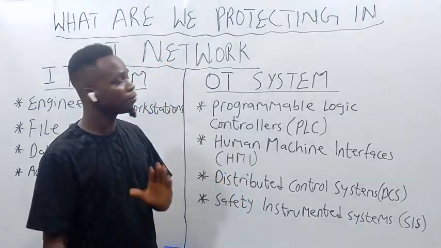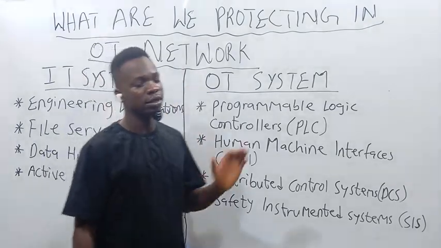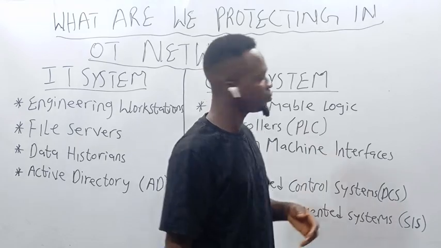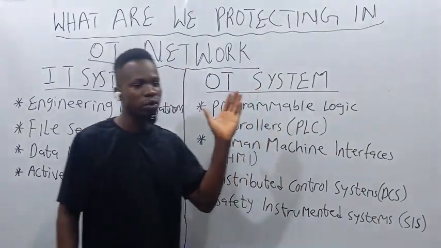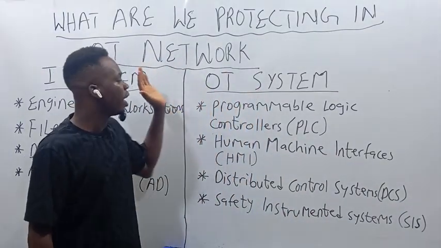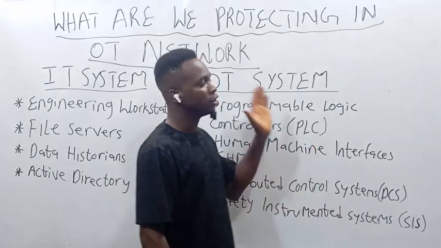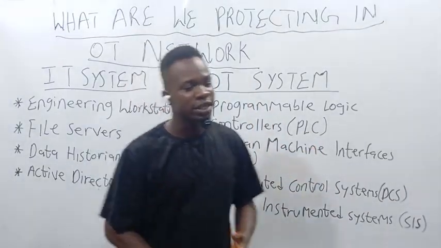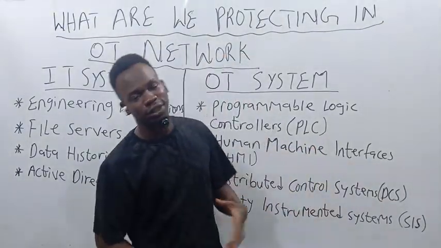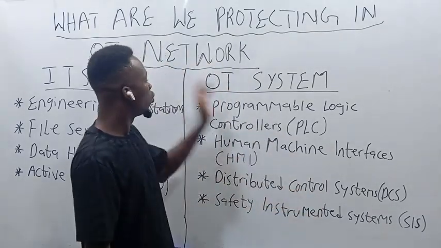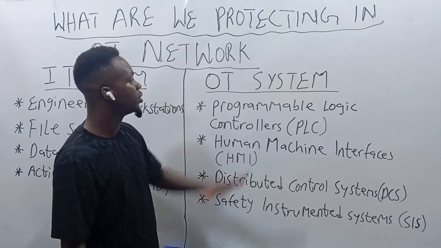We don't store data. The only thing we do is that we are in charge of the process. They move, heat, pressurize, and energize the world. That is what operational technology systems do.